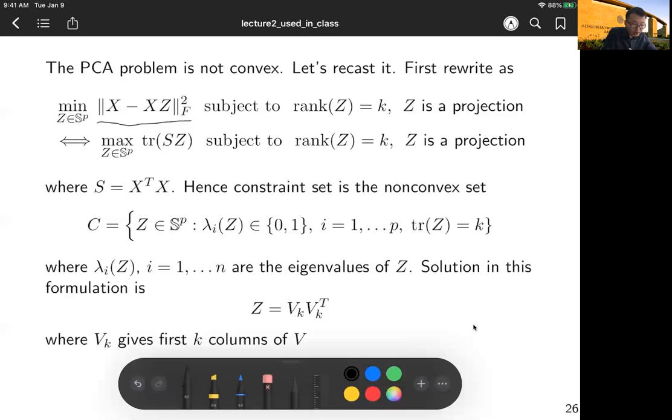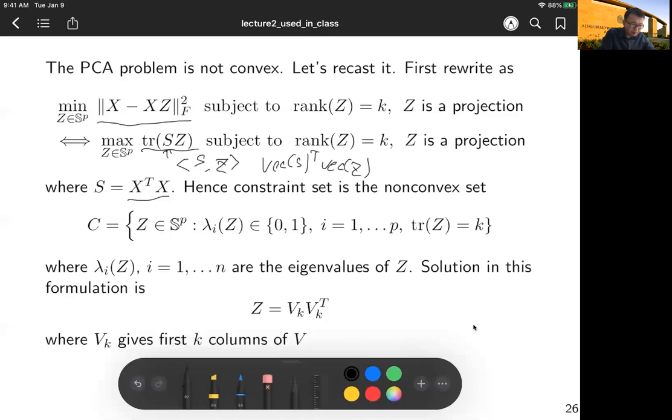Once you complete the squares and decompose the square into three terms, the only term that matters for the optimization problem is the inner product with S, which is X transpose X, an unnormalized covariance matrix. And the trace of SZ is the same as the inner product of vectorized S and vectorized Z. That's how you think about the trace.